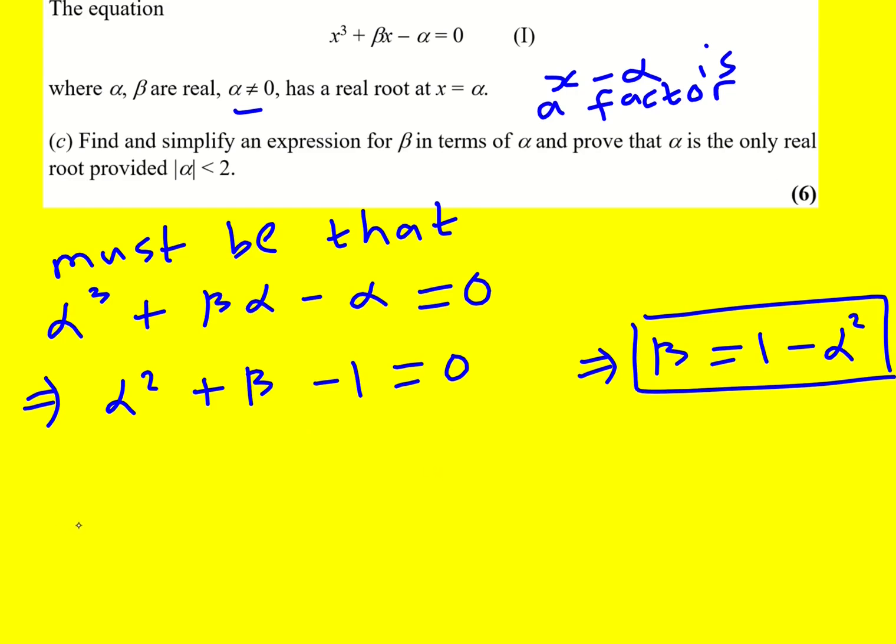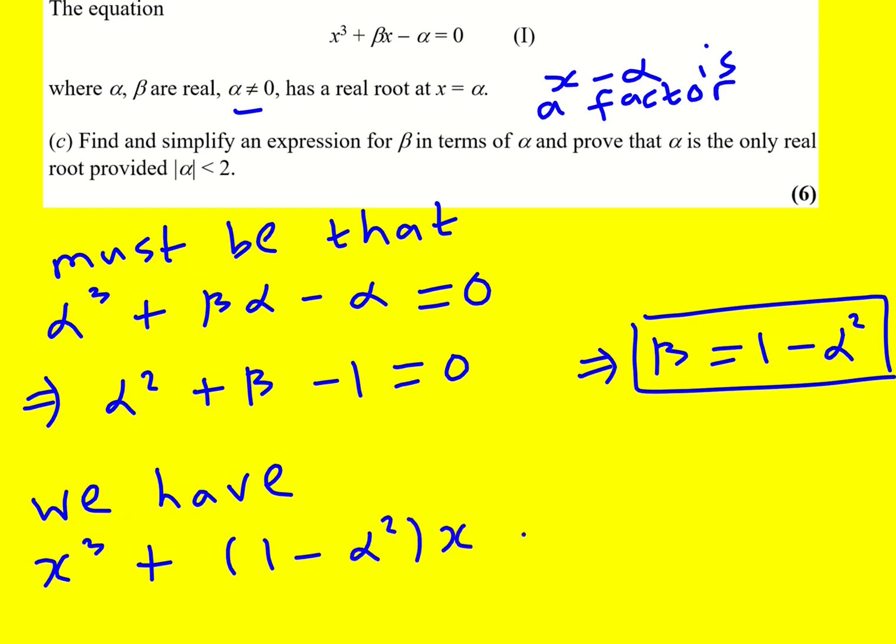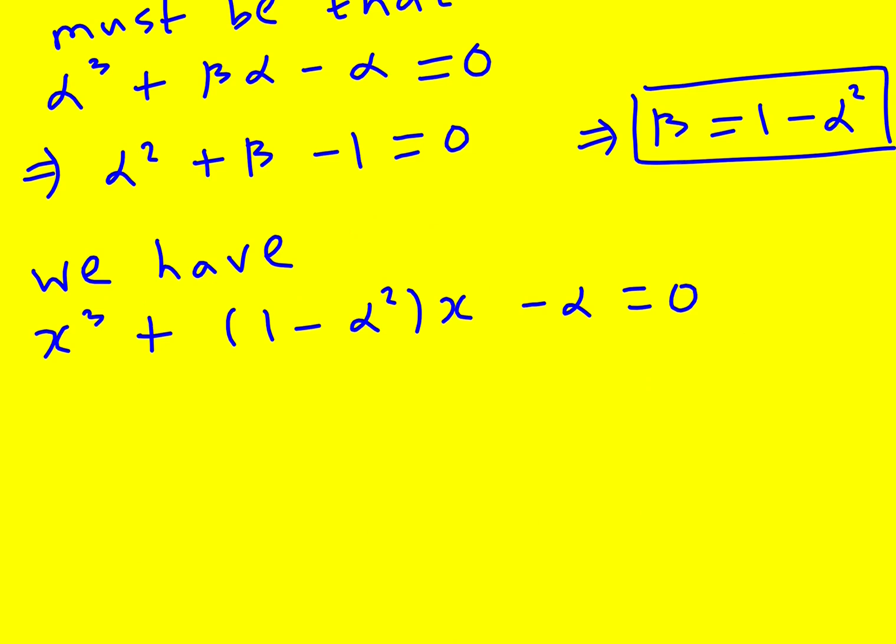So we have x cubed plus 1 minus alpha squared x minus alpha equals 0. And I'm going to divide by the root, so x minus alpha.